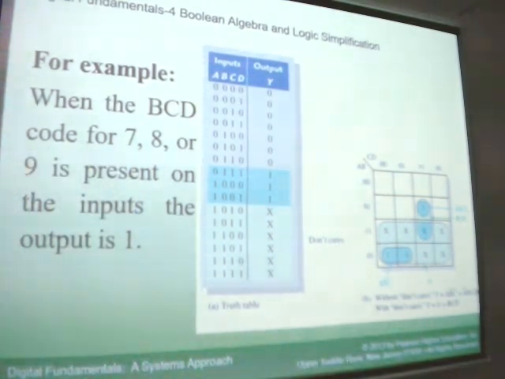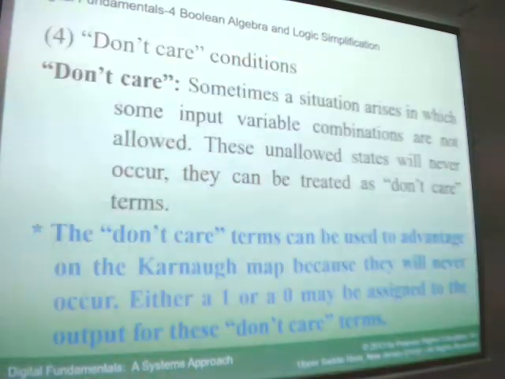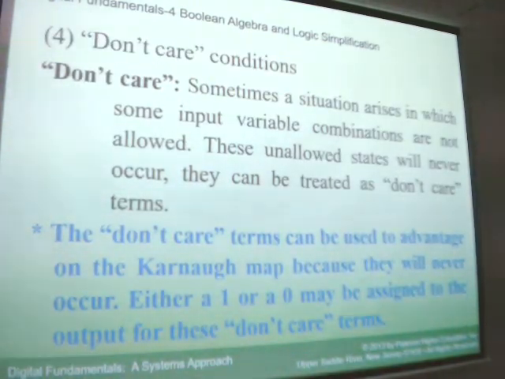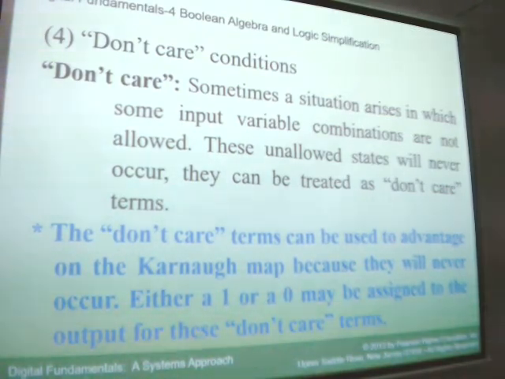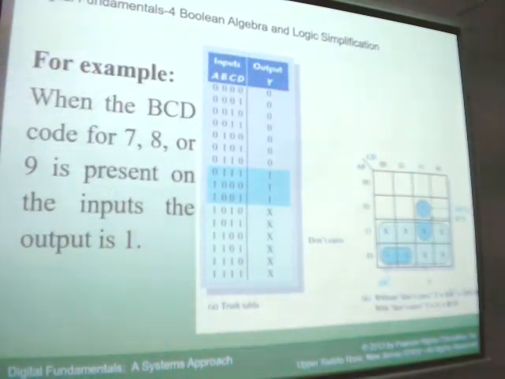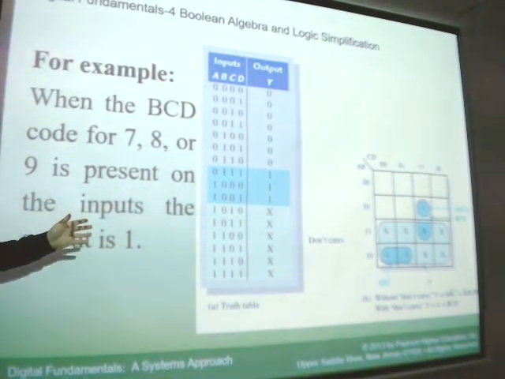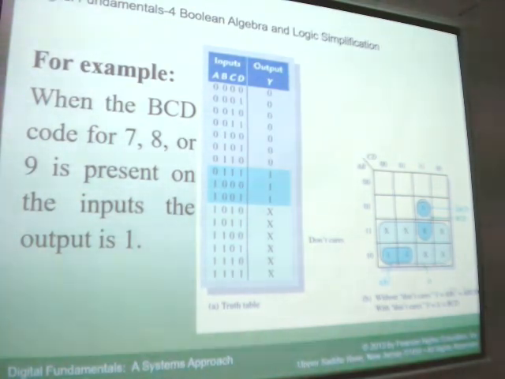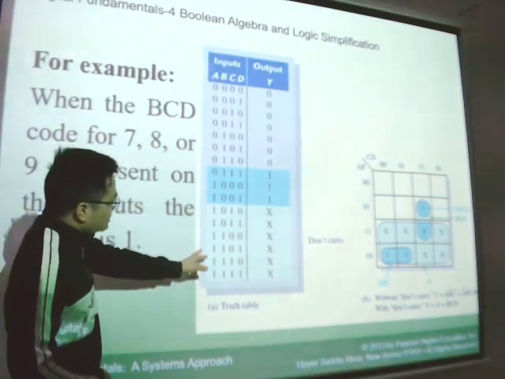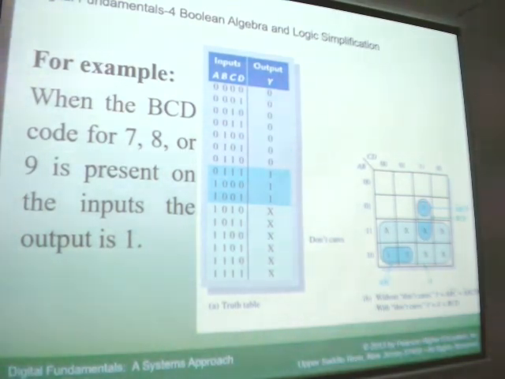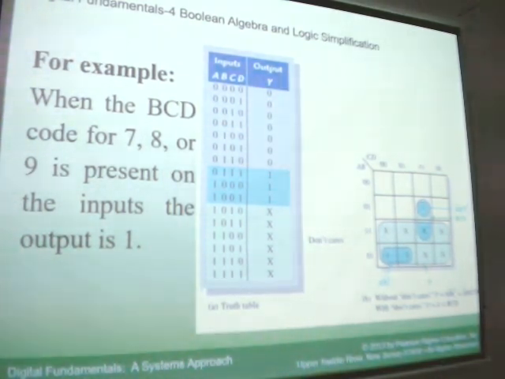So the output is X, representing don't care, because the 6 inputs are not allowed. So on the Karnaugh map there are 6 X and 3 ones.